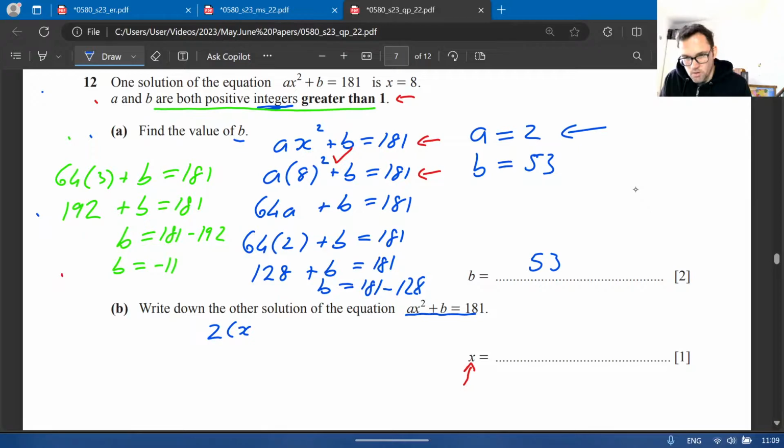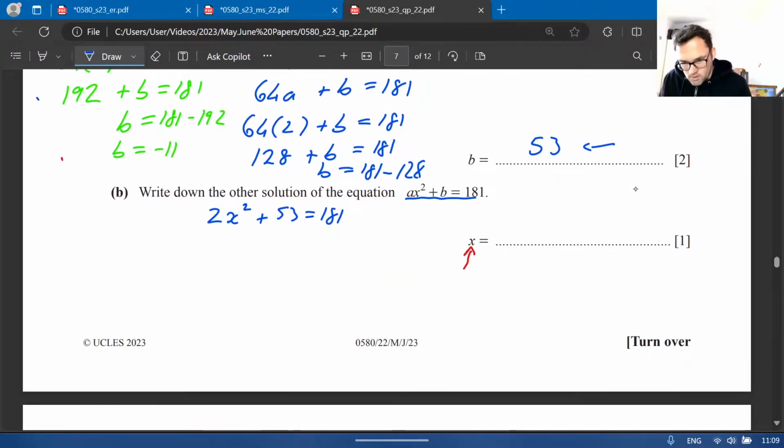And we got x squared, and I need to put it in brackets. So it's a is 2, x squared, b, we got there, is 53. And let me just solve this. So 2x squared equals 181 minus 53. I wish I had given us more space to do this.